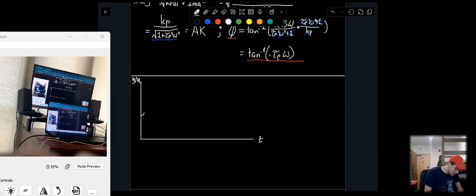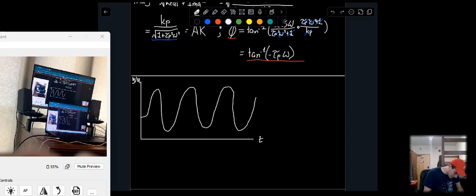Now what's happening here, this white curve will be my input. Actually, I probably need to stretch this out a little bit to make it a little bit more visible. Okay, so this is my U.